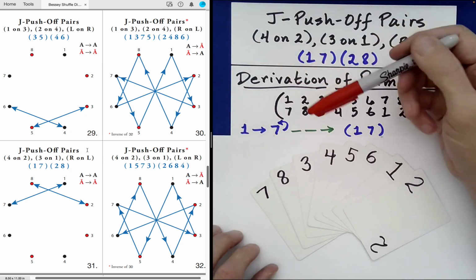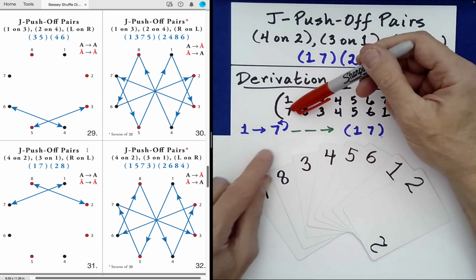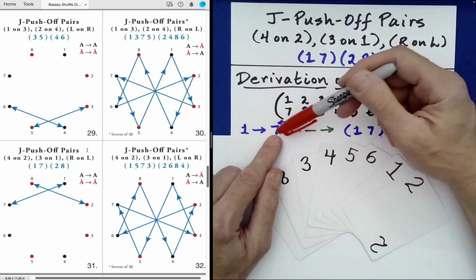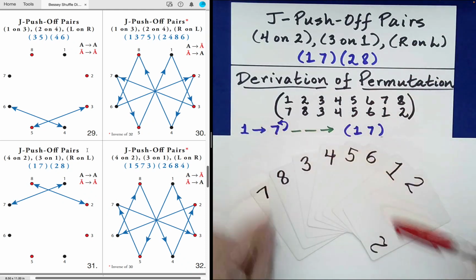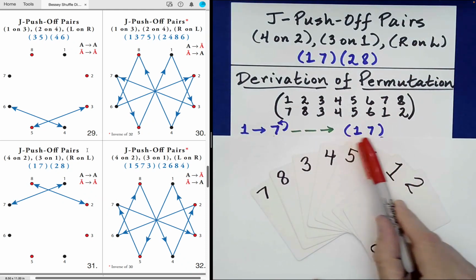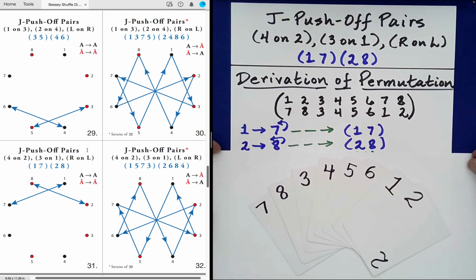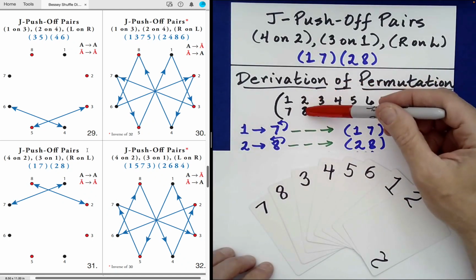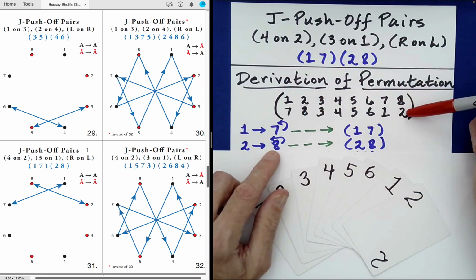We just look at what happens with each position. So 1 goes to 7, so there's an arrow from 1 to 7, and then 7 returns back to 1, so it cycles around. So we get this two-cycle, also called a transposition. What happens with 2? Well, 2 goes to 8, so we have an arrow from 2 to 8, and 8 returns back to 2.